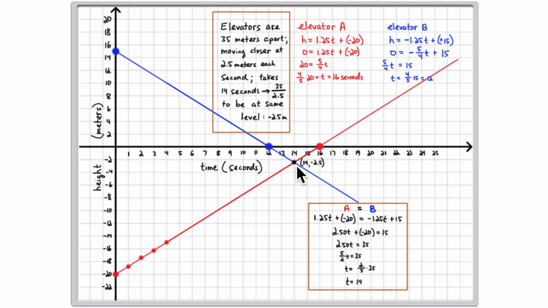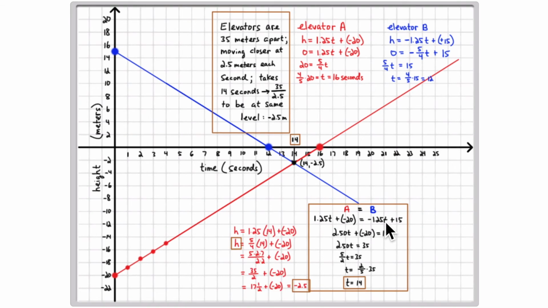To get this height, you can use that 14 seconds in either one of these expressions. Either this expression on the left or this expression on the right. So if you use the expression on the left, so in 14 seconds, what's the height? So height is equal to, after 14 seconds, multiply through, you're going to get 7.5 meters plus negative 20.